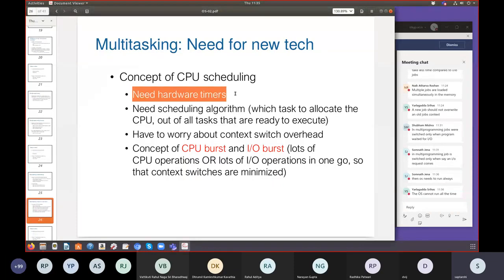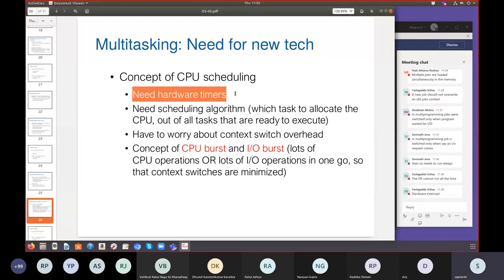Then the OS, or the kernel, will start running. Any idea what that mechanism would be, based on what we have been discussing in the last couple of classes? So what can the hardware timer do so that the process is actually switched?